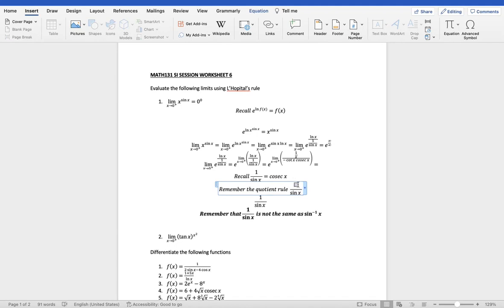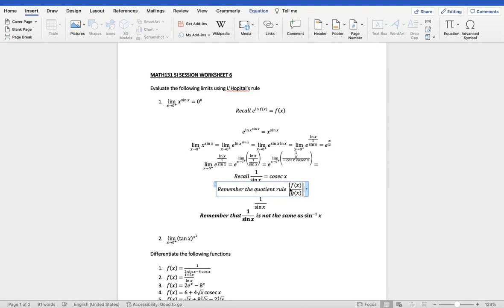When you have a function f of x divided by some other function g of x, and you're trying to find the derivative of it, for our purpose here, I will always write the derivative sign with the prime.